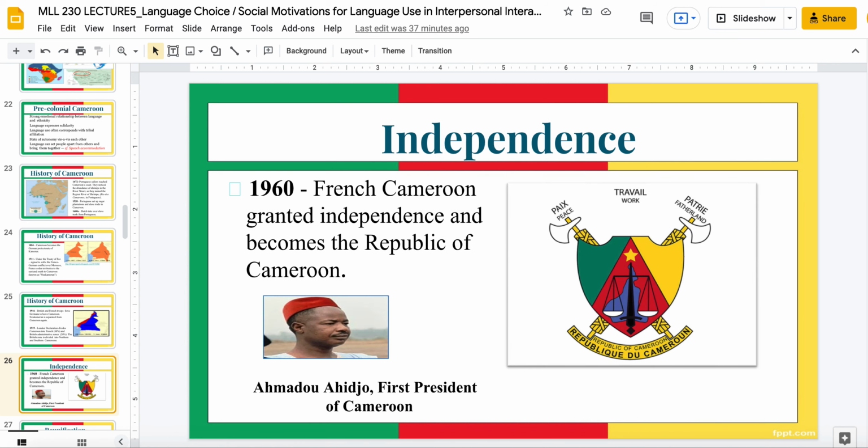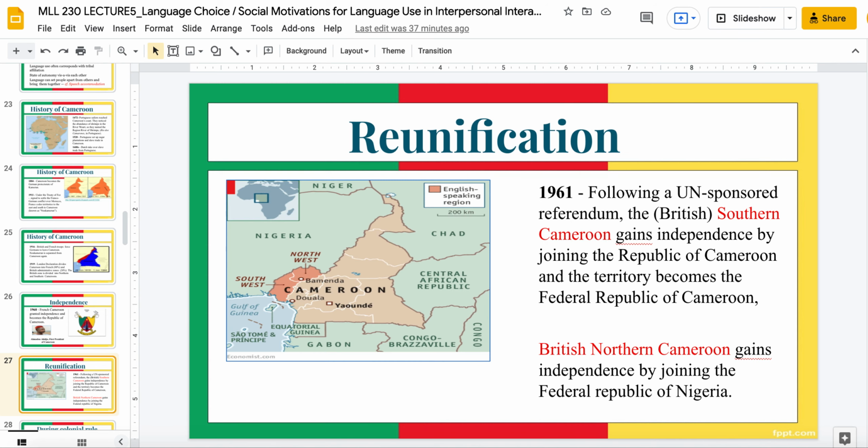So they were finally able to gain independence. French Cameroon gained independence and became the Republic of Cameroon. This is the first president, and this was their republic, their logo. You can see, even looking at their flag, that they have some things in French. This was over 60 years ago, but then they had a referendum about independence.